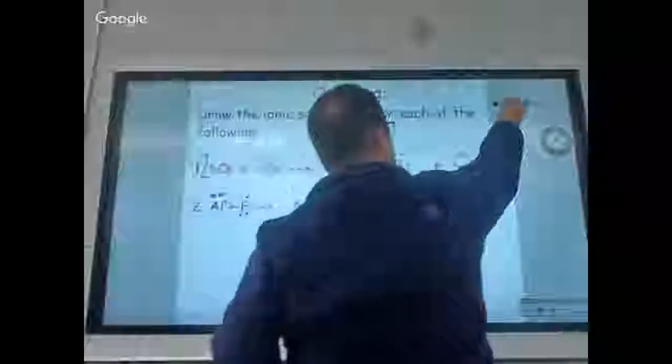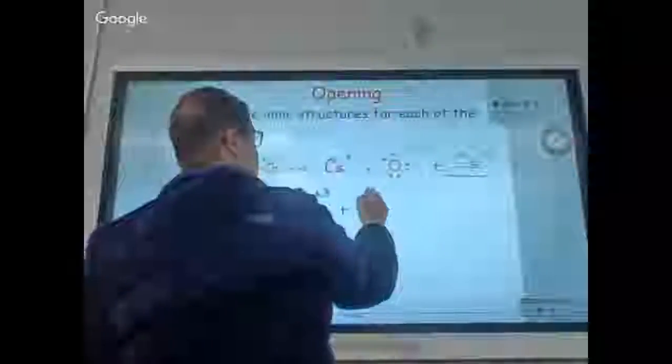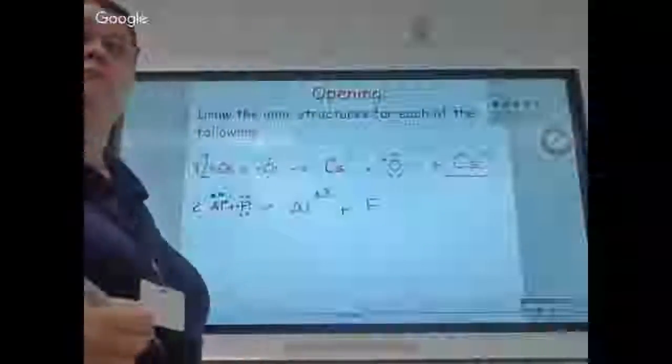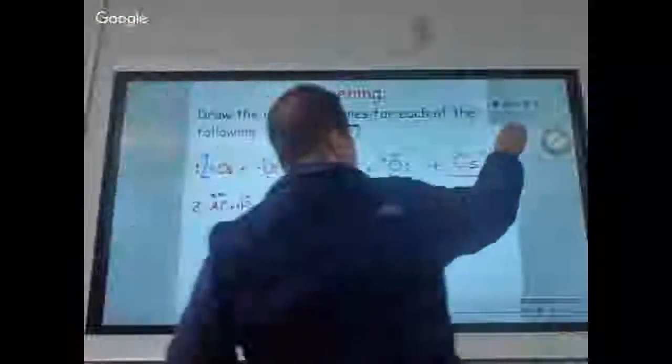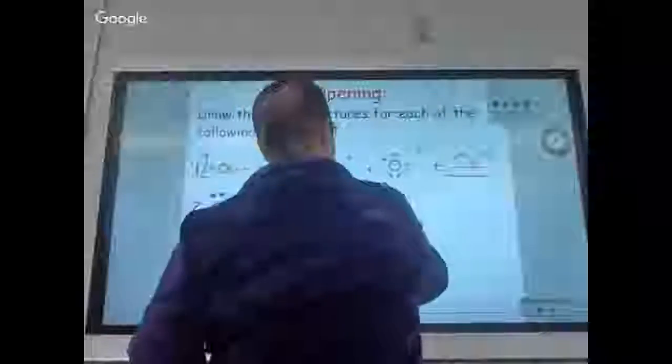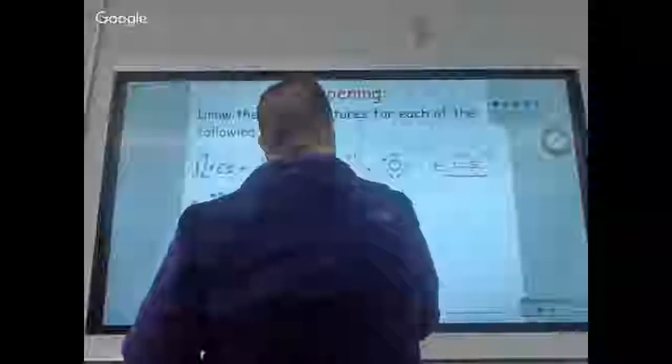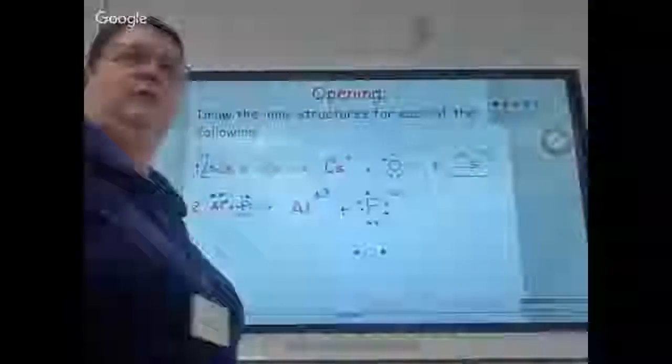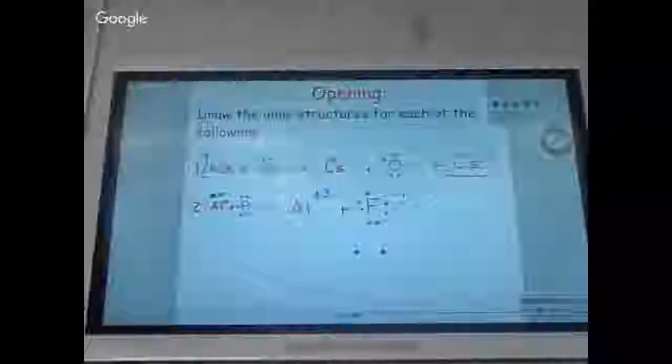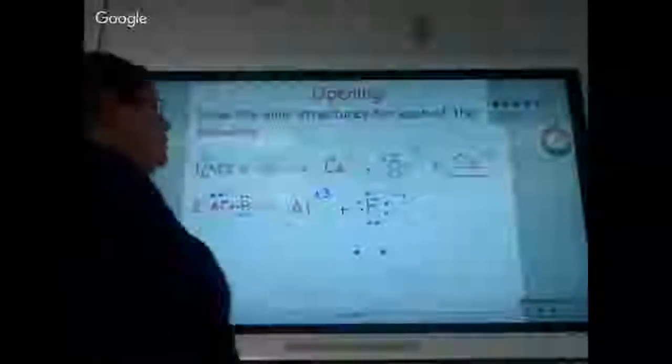Now, F took how many of those? Took only 1. So I have 8 electrons on the fluorine. And 2 homeless electrons. Those electrons have to have homes. So you got to add something to give them homes.